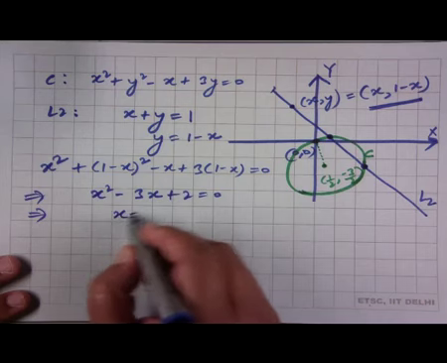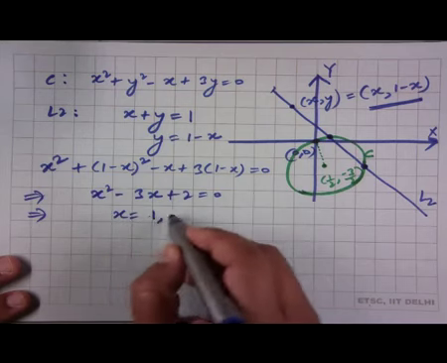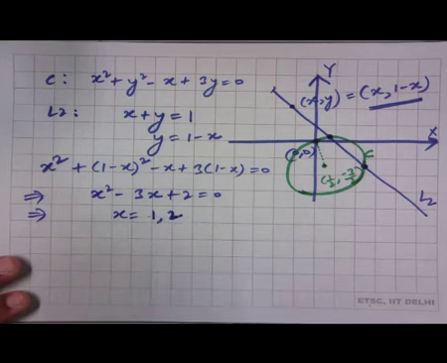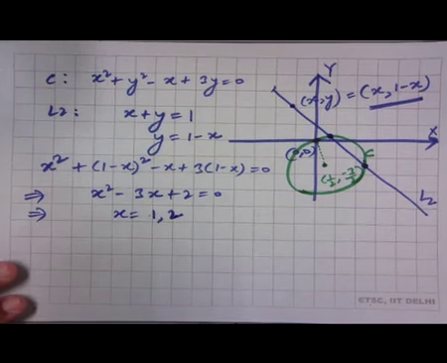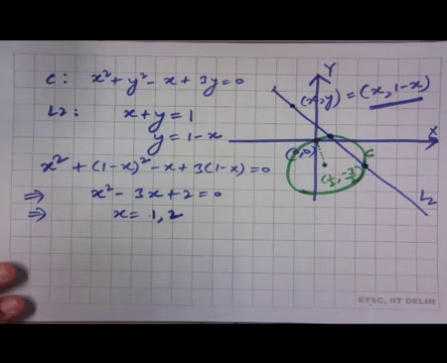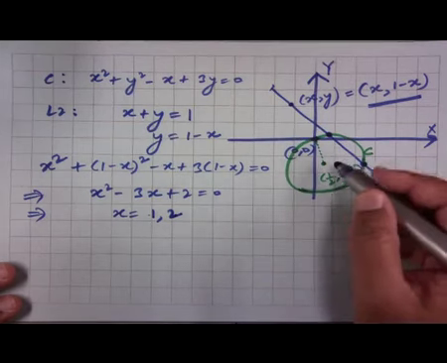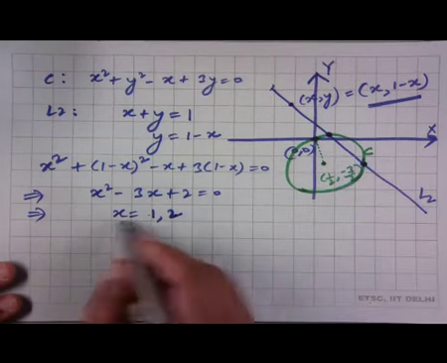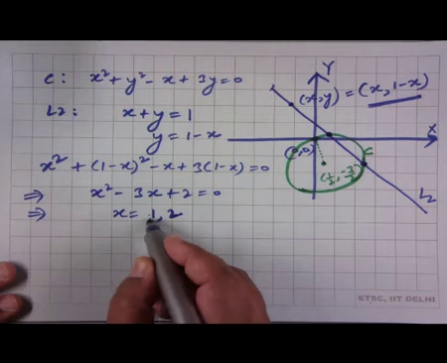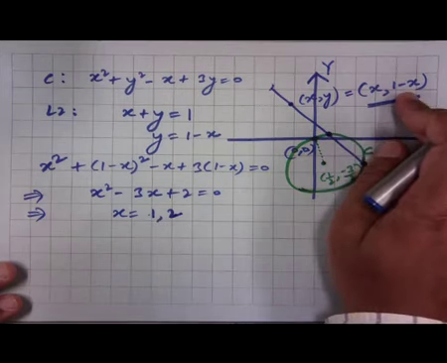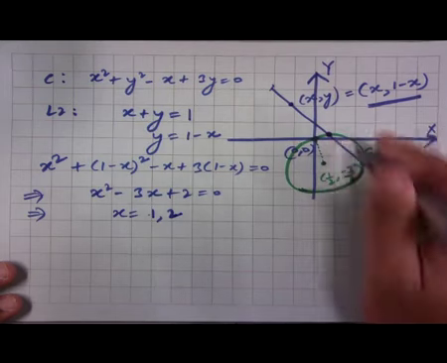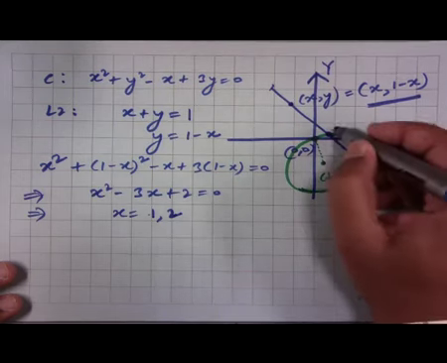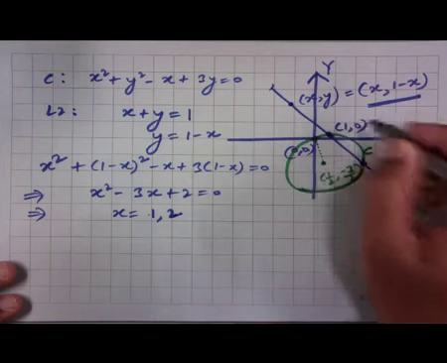which implies that either x is 1 or 2, and that basically corresponds to the 2 points of intersection. So, when x is 1, the y coordinate will be 0. So, one of the points of intersection will be 1 comma 0.